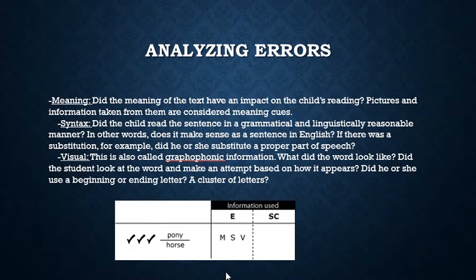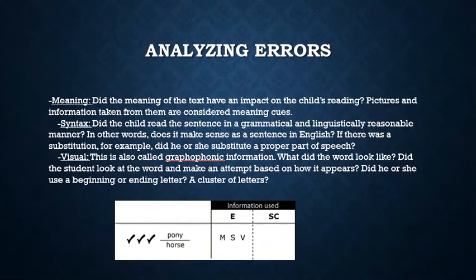Visual, is this also graphophonic information? What did the word look like? Did the student look at the word and make an attempt based on how it appears? Did he or she use a beginning or ending letter, a cluster of letters? So pretty much, did the child look at the word horse and just look at the visual aspect of it compared to the meaning?